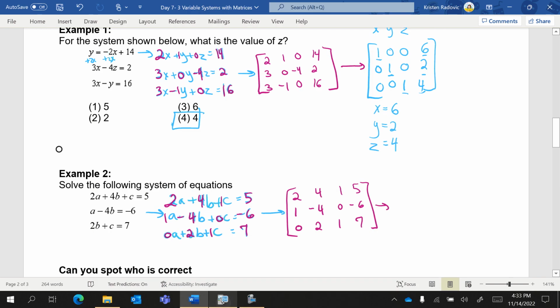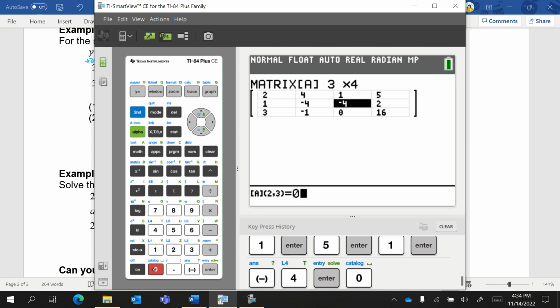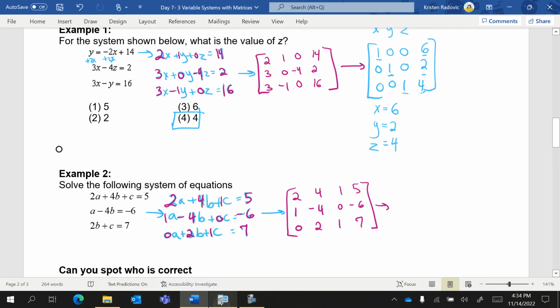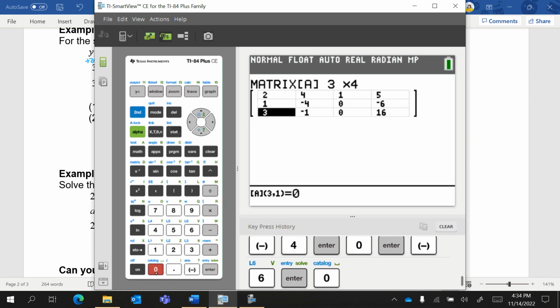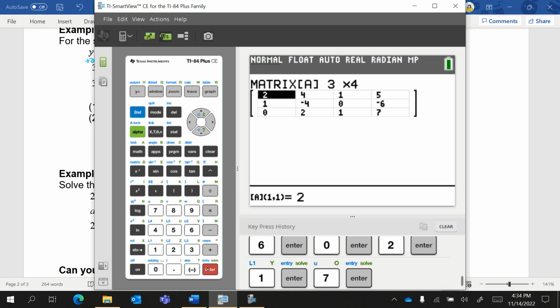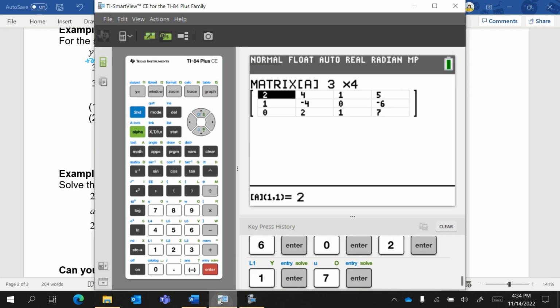And then we have 1, negative 4, 0, negative 6. And 0, 2, 1, 7. Double check your work to make sure it's right.